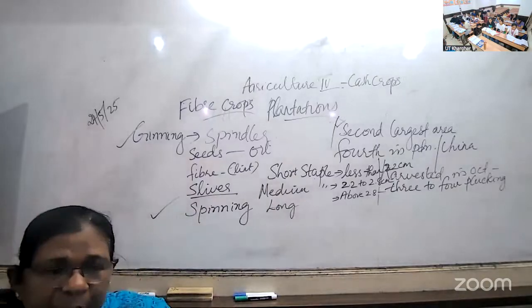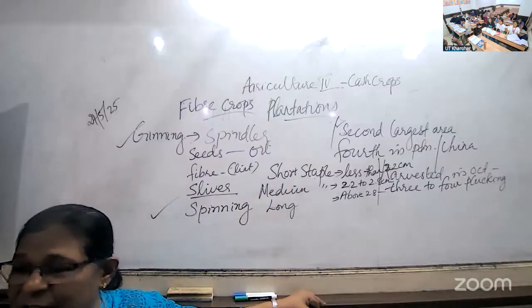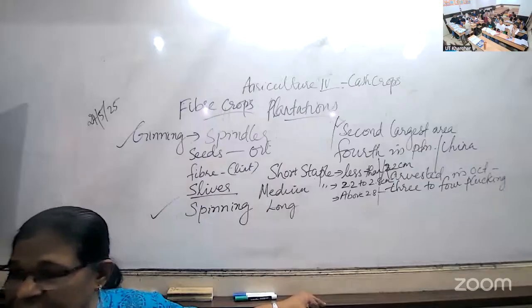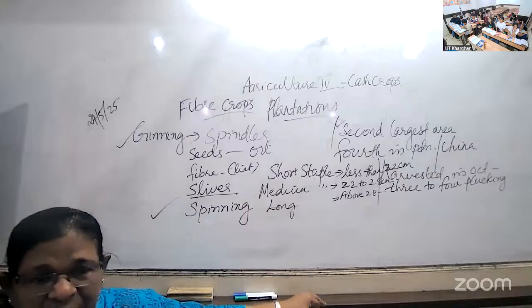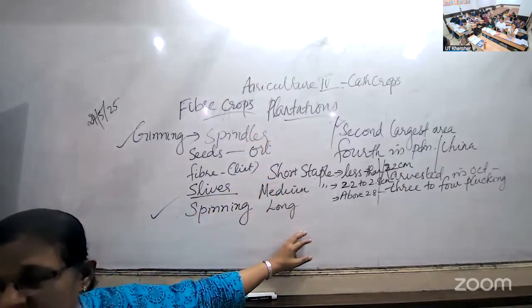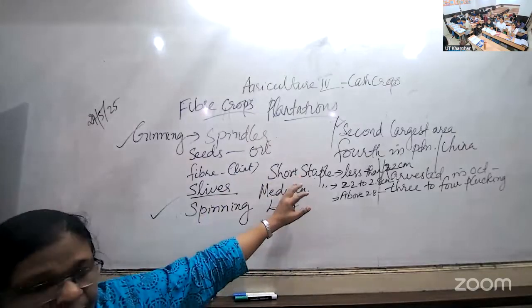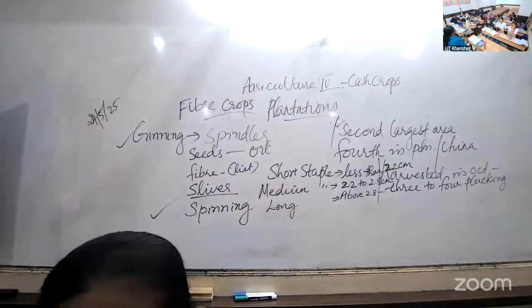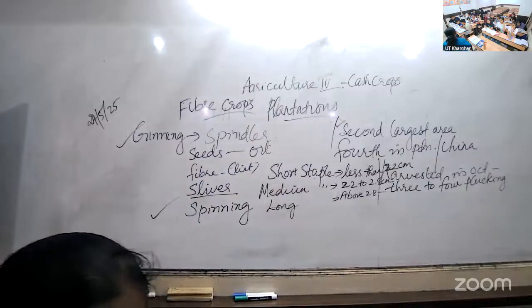Plus alluvial soil I told. Punjab has now started producing cotton where alluvial soil is. Got it clear? Shall we move to the next crop?